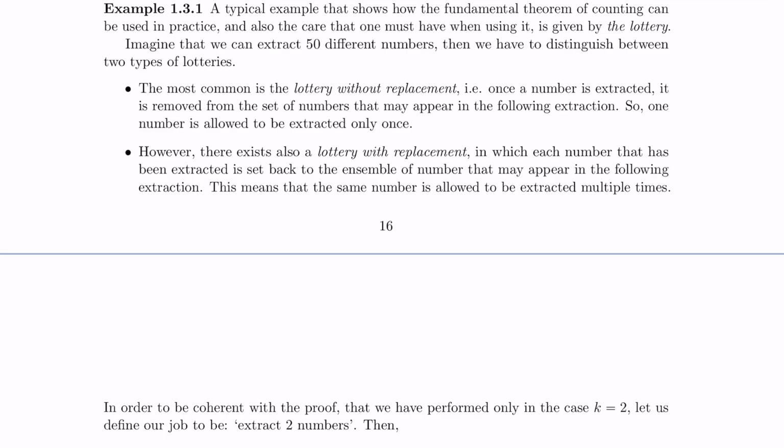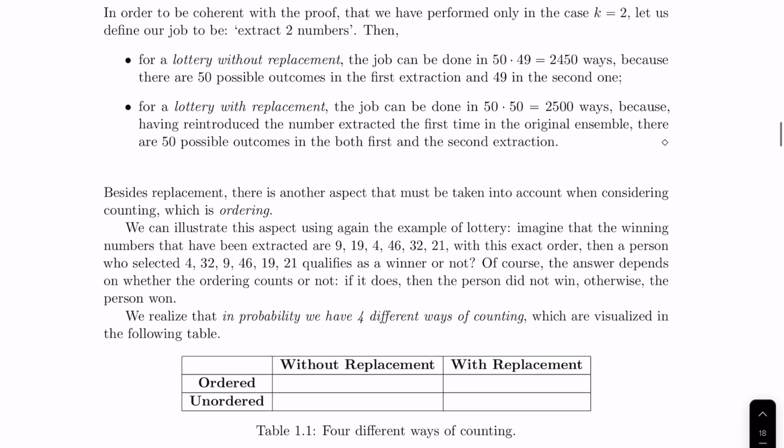Since we want to be coherent with the proof just performed, we consider the following job: extract two numbers in a lottery. For a lottery without replacement, this job can be done in 50 times 49 ways.